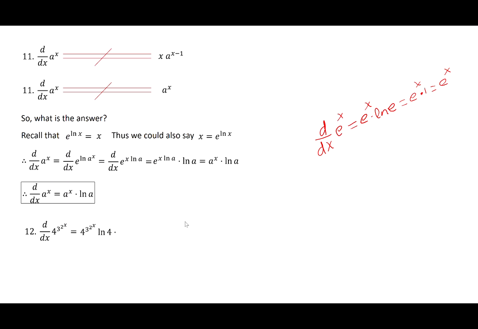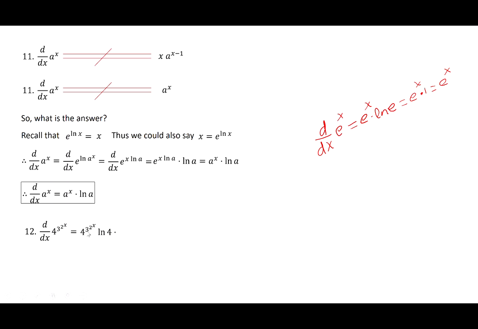Wait, that looks like 3 to the u1 to me. Cool. 3 to the 2 to the x looks like 3 to the u1. We already said 3 to the 2 to the x was u. So let's call 2 to the x this time as u1 and call this 3 to the u1.